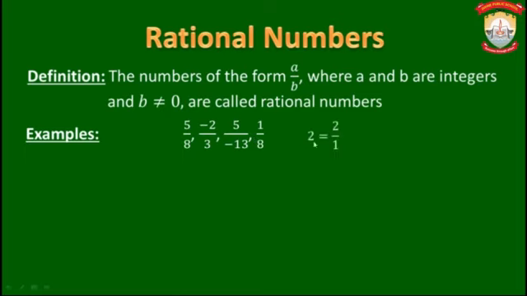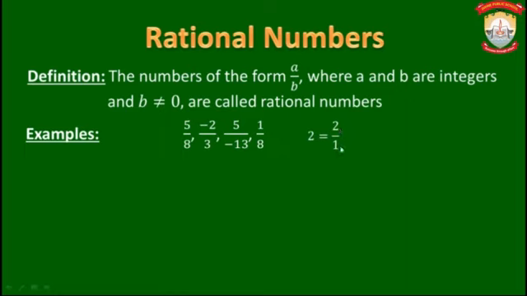Now let's take one more number, that is 2. Will it be a rational number? Yes, but here you can say that it is not in the form of a upon b. Then how can it be a rational number? As we know that we can keep 1 as denominator in any number which doesn't have a denominator, because on dividing any number by 1 the value remains unchanged.